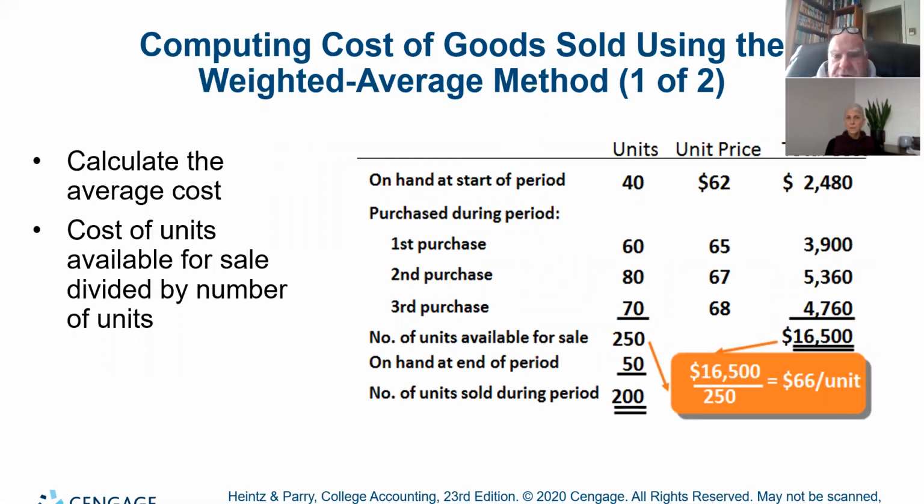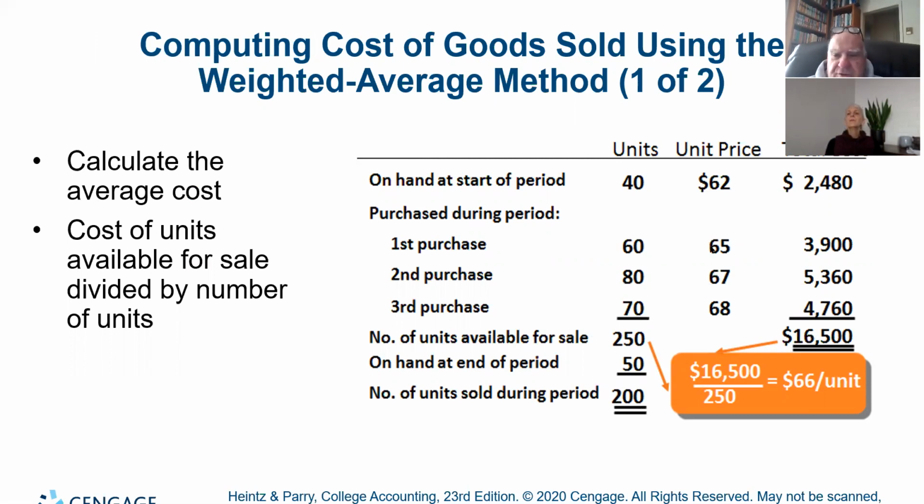So there's none of this LIFO, FIFO stuff. All you do is multiply the goods you sold by 66 and the units left in the inventory by 66. Weighted average. Don't make the mistake some students make. Instead of going 16,500 divided by 250, they'll add the unit prices up.